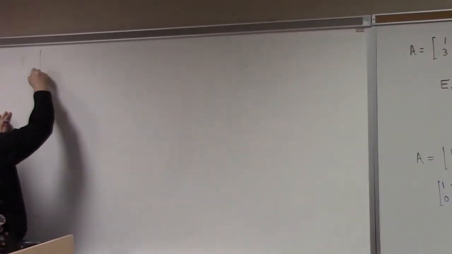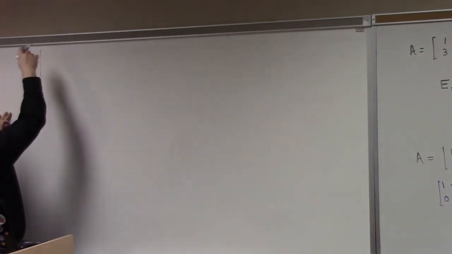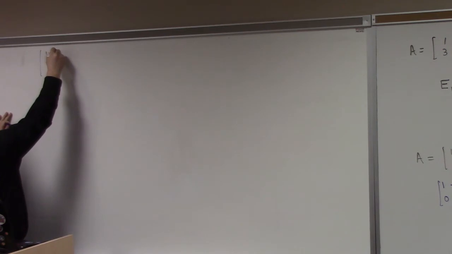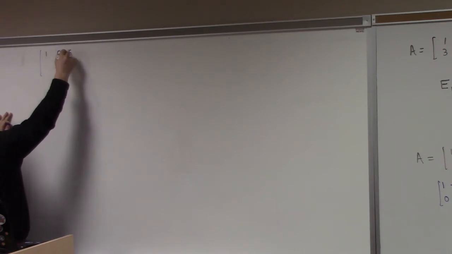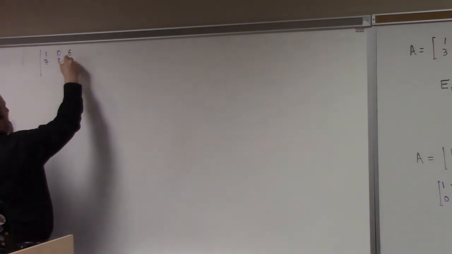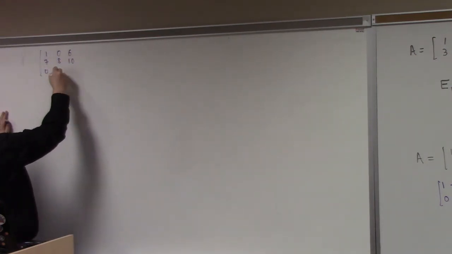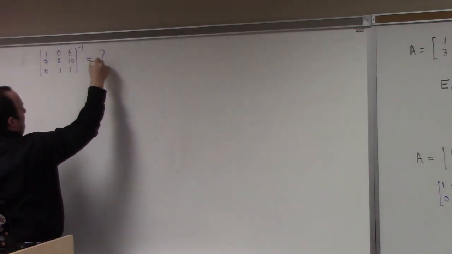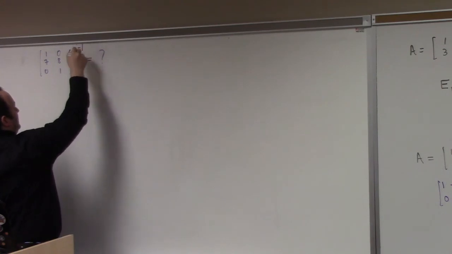All right, so let's suppose we want to find the inverse of the matrix 1, 0, 6, 7, 8, 10, 0, 1, 1. If I'm very unlucky, this won't have an inverse.